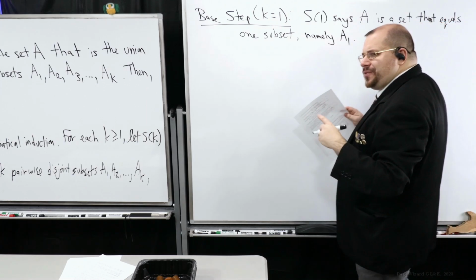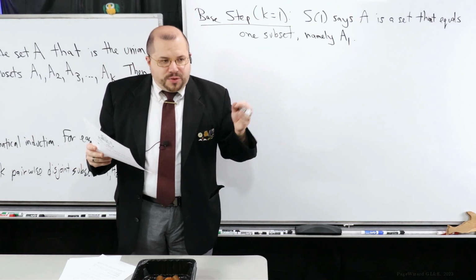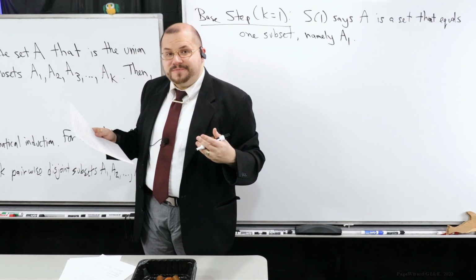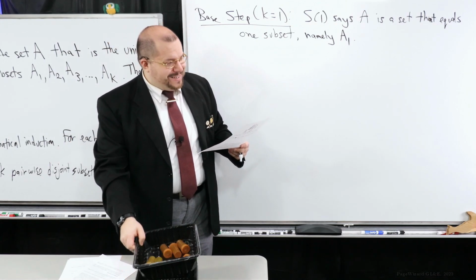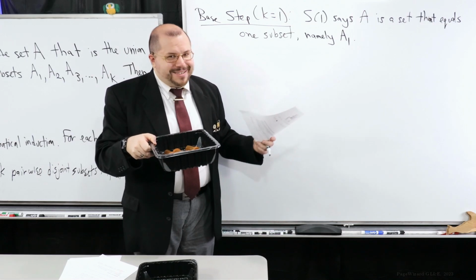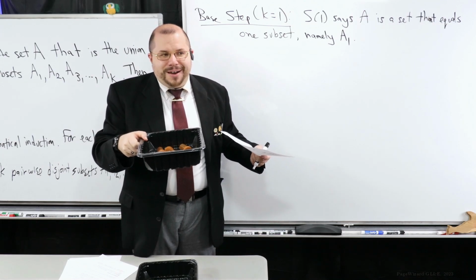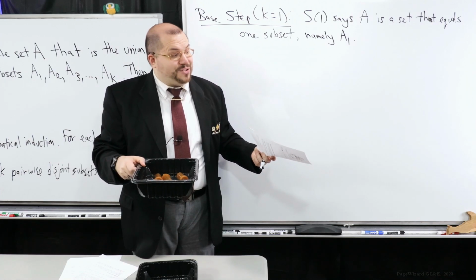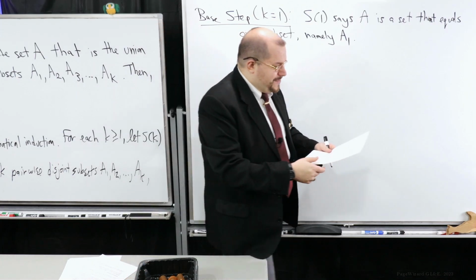If I take the union of all of these subsets, I get A, right? So if I only have one bucket, which is what A1 is, and I union all the elements in A1 with the other possible subsets, which in this case there are none, well, it's just A, right? That's all it is.